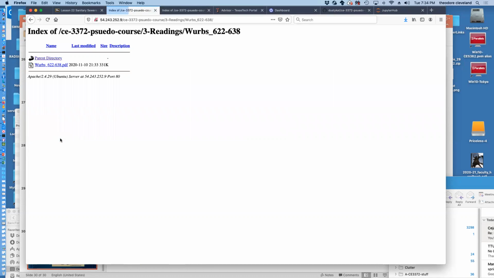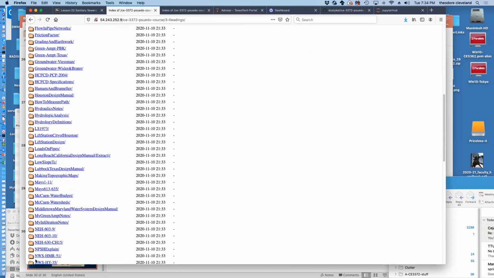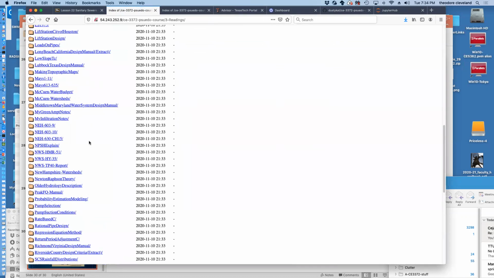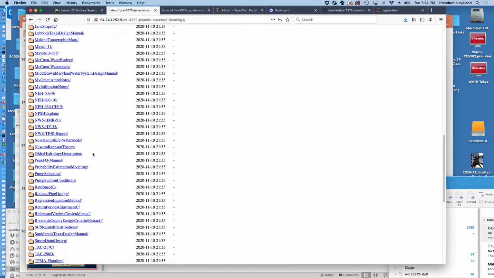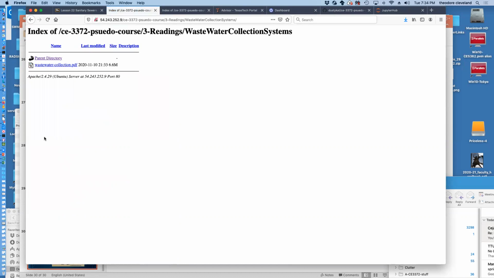Check the notes. Okay, good. That one's still, so Werbs is W. That's way down in the alphabet. So that's one of the last ones. And the other one I was missing earlier today was wastewater collection systems, which was not there this morning. That's why I noticed something was wrong. So I think I've restored a lot of that functionality.